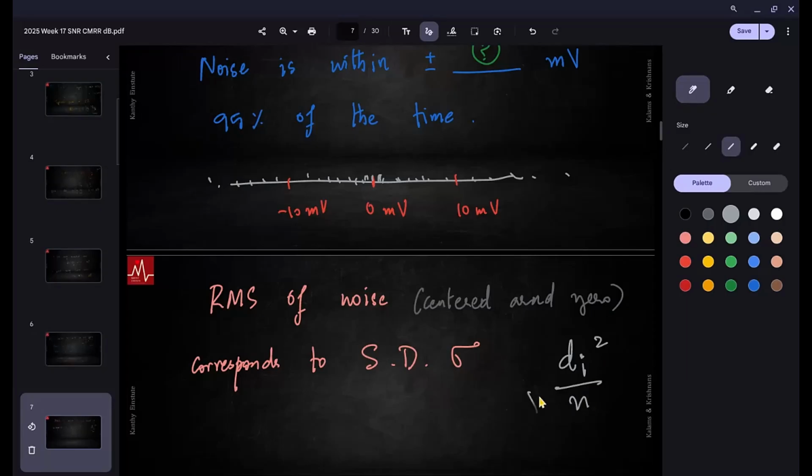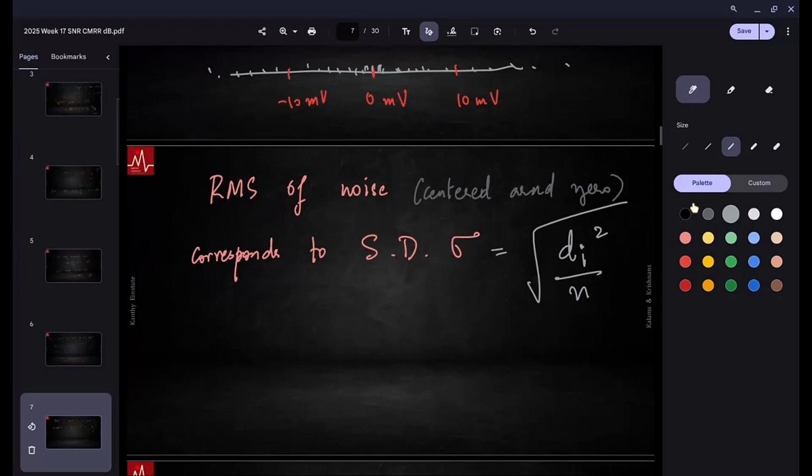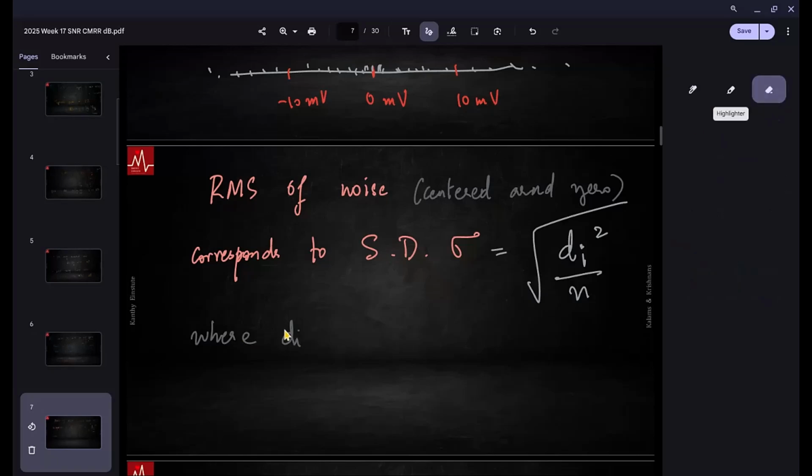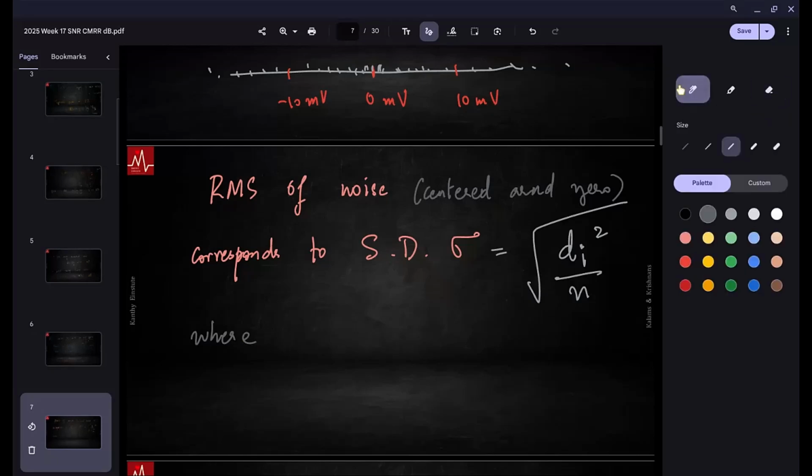This is the average, and that's your RMS as well as your standard deviation, where d is a noise data point. If it's a time signal, at every point you have a specific noise value, amplitude. d is that noise value.